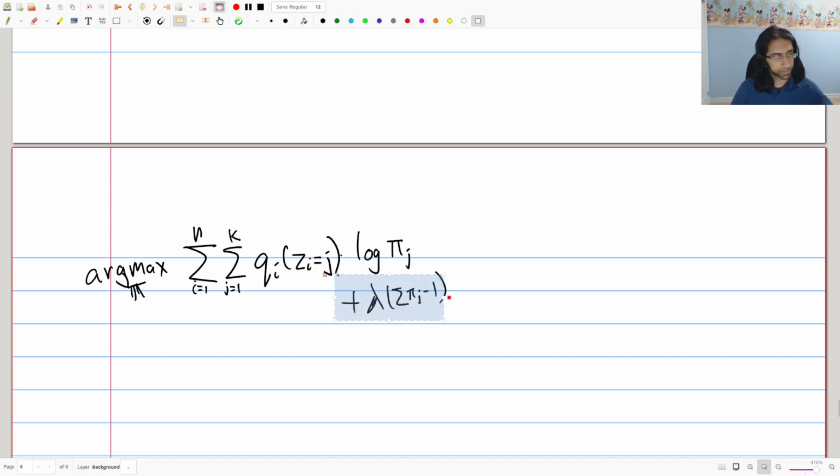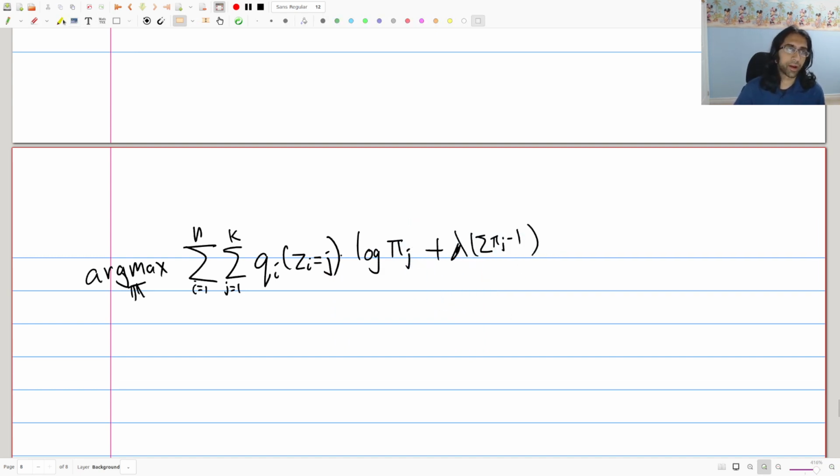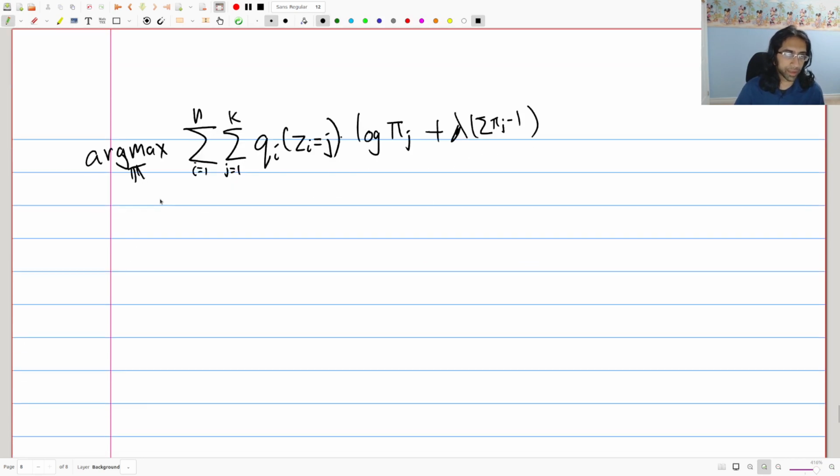This is the expression we're trying to optimize, and we just optimize this the same way as we always do. That is, we're going to differentiate with respect to pi j, d by d pi j. And what will that give us?